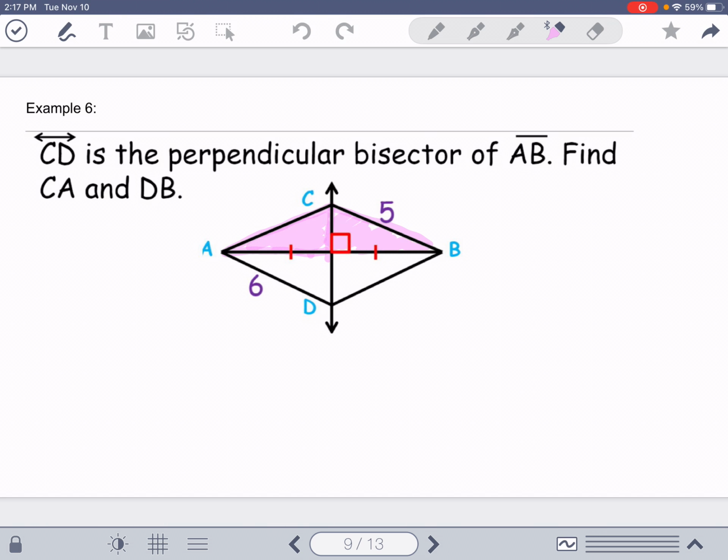Those 2 triangles are congruent to each other, and then these yellow triangles are congruent to each other. So that means CA will be 5 and DB will be 6. I just have to look at those triangles and realize that they're congruent to each other, so their parts are going to be congruent.